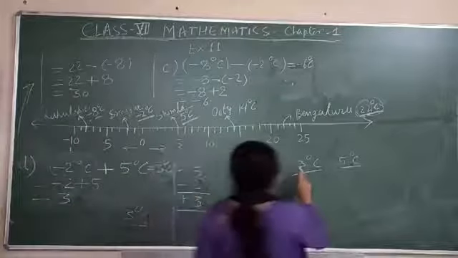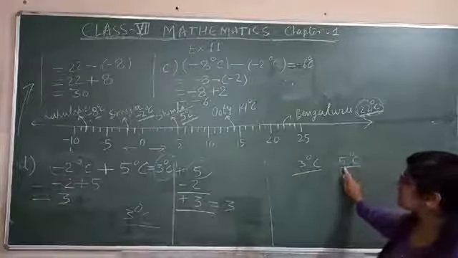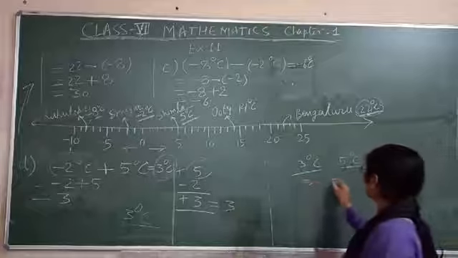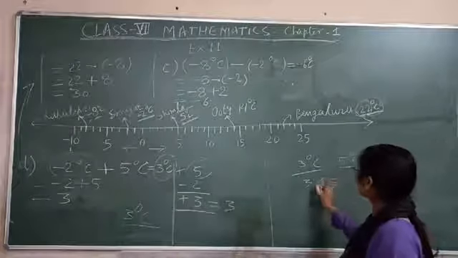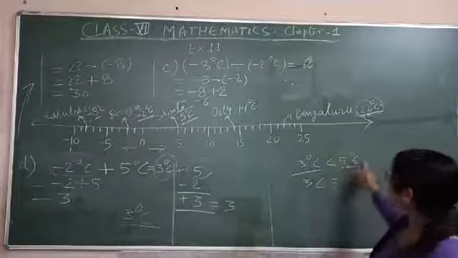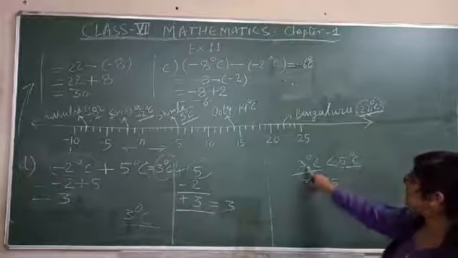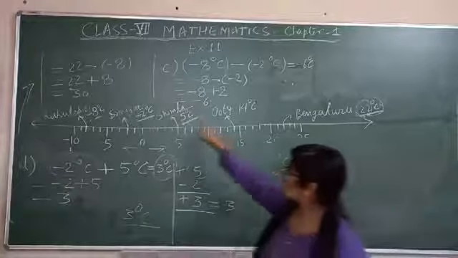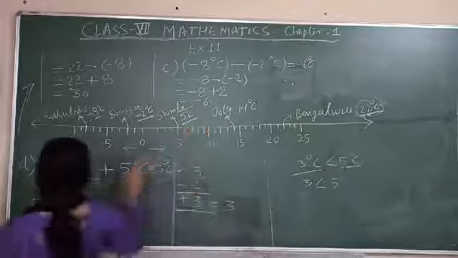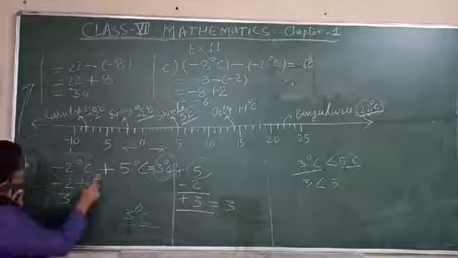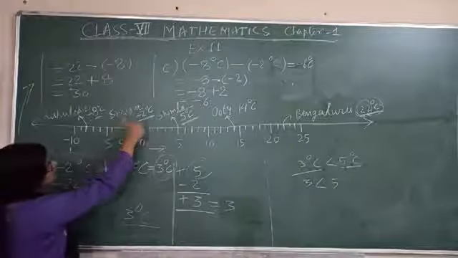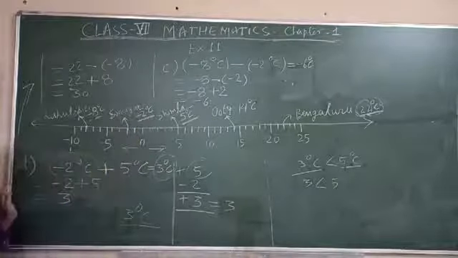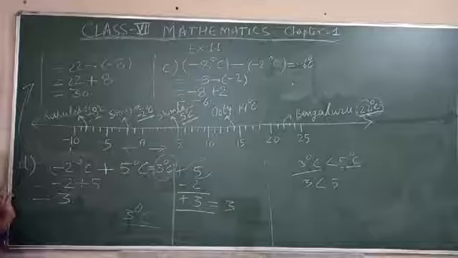So 3 and 5, which one is greater? 5 is greater. So 5 degrees Celsius is greater than 3 degrees Celsius. So we can say that the temperature of Simla will be greater than the temperature of Srinagar and Simla together. Okay.